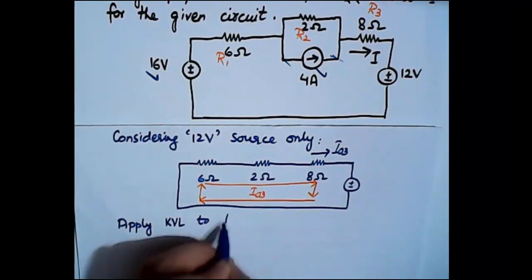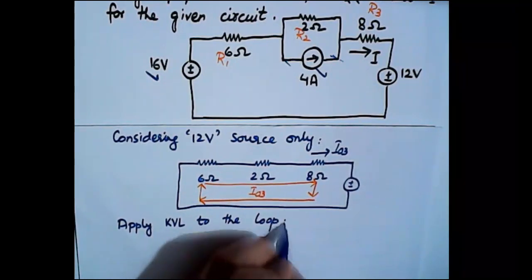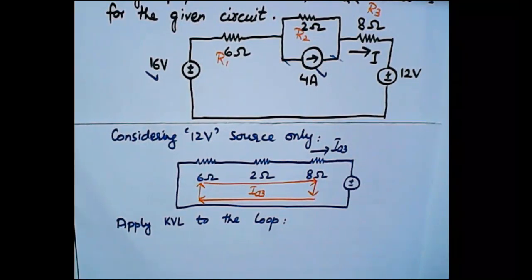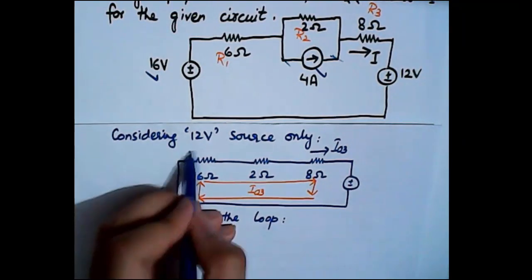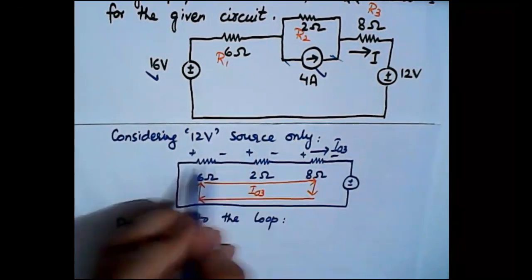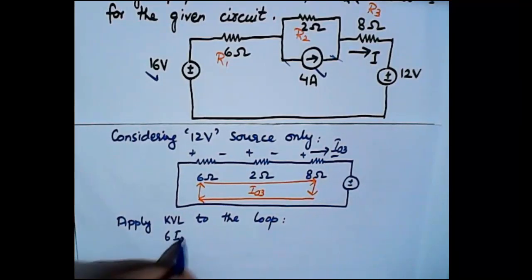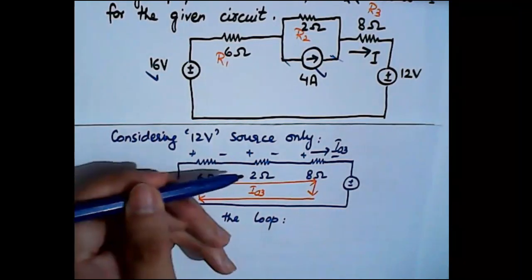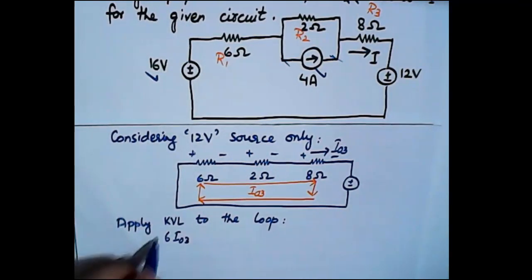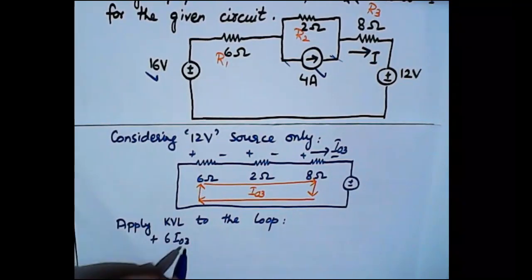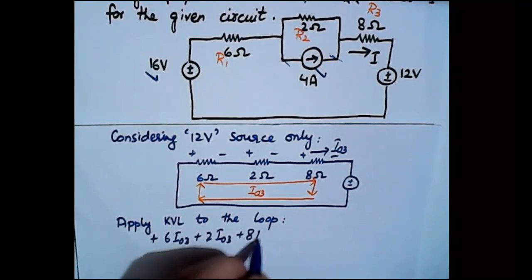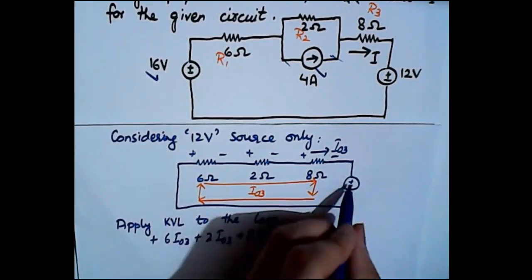So let's apply KVL to the loop. Applying KVL to the loop, it will give plus 6 times I03. Why? Because voltage is the product of current and resistance. The current is entering the positive terminal, so the positive sign, and 6 is the value of resistance and I03 is the current. Then again plus 2 I03 plus 8 I03 plus 12 volts.